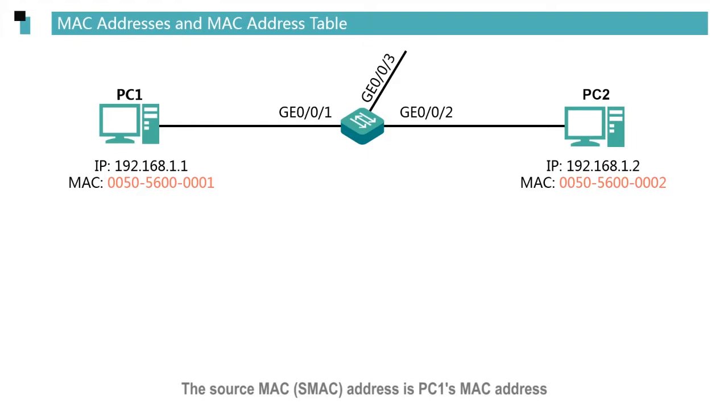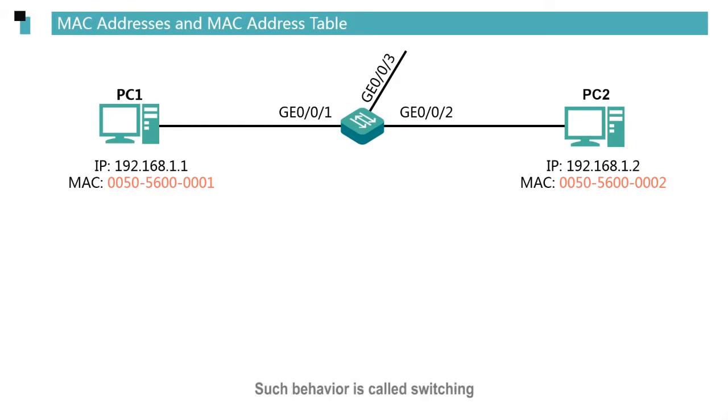The source MAC (SMAC) address is PC1's MAC address 0050-5600-0001, and the destination MAC (DMAC) address is PC2's MAC address 0050-5600-0002. The switch forwards the data frame through a specified port.